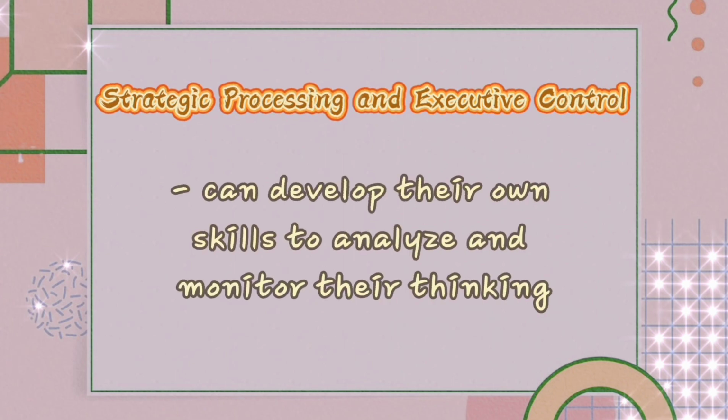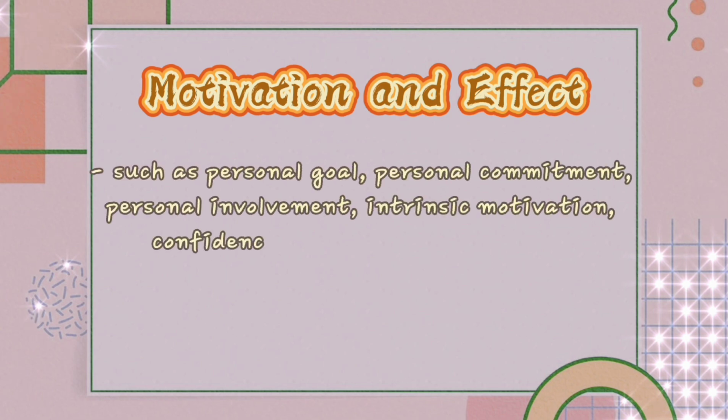Students can develop their own skills to analyze and monitor their thinking. They can also regulate their own train of thought and behavior to learn more effectively. Motivation and affect. Factors such as personal growth, personal commitment, personal involvement, intrinsic motivation, confidence, and control over learning lead to a better learning result.